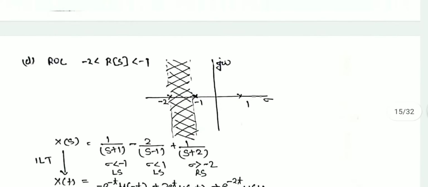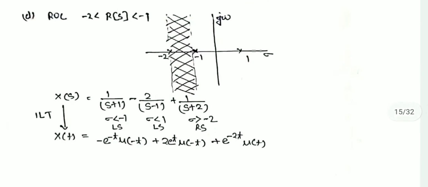And at last, the given ROC is greater than minus 2 and less than minus 1. Then we have poles at 1, minus 1 and minus 2.